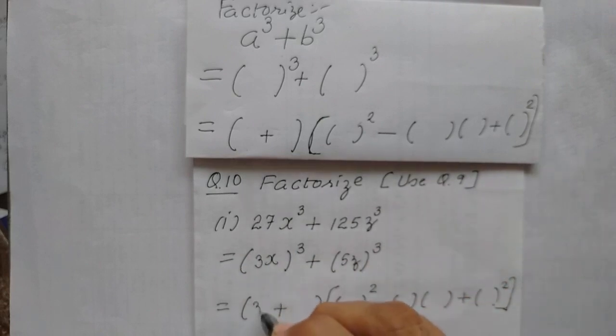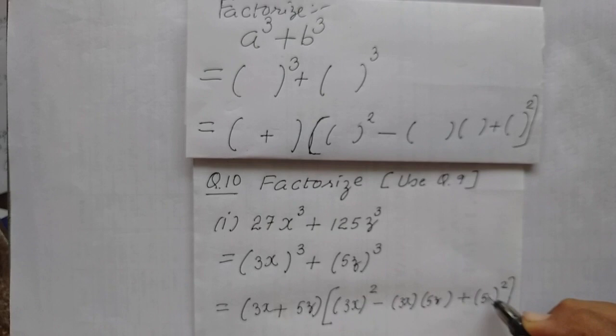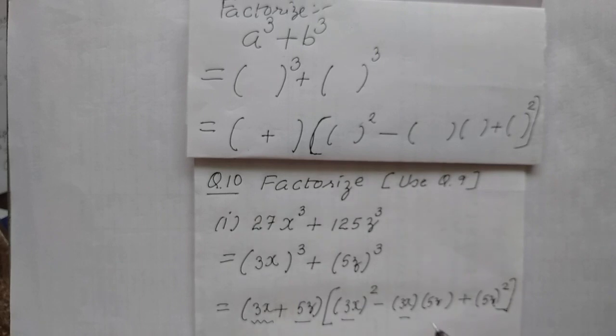Now children, second we write this form. So here we write 3x, 5z, 3x, 5z and 5z. First we write two times here and here. The last one we write here and here.